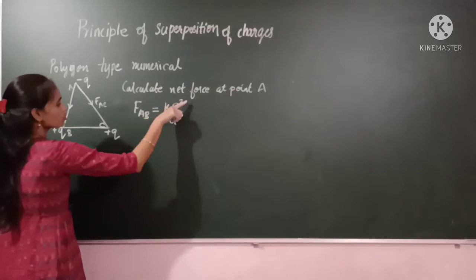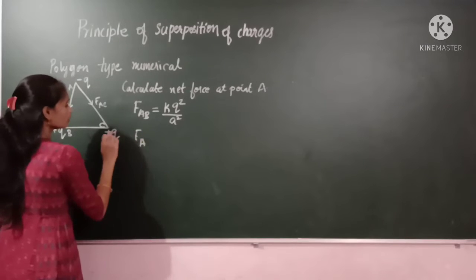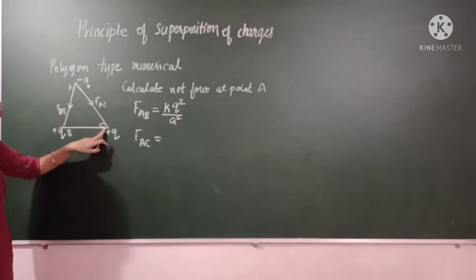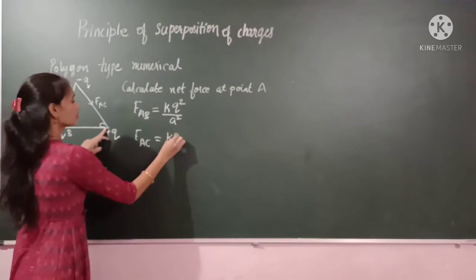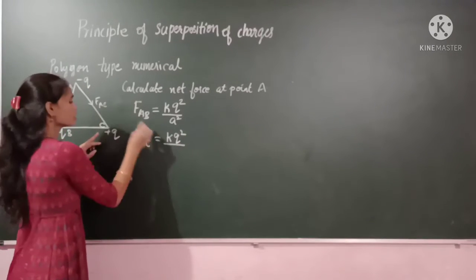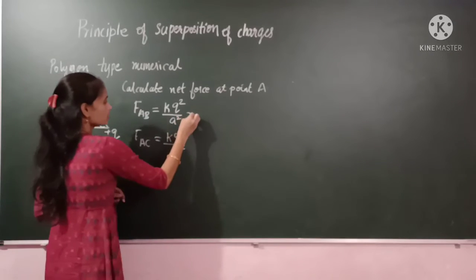So K Q square divided by a square. Next, the force on A because of the C charge can be calculated as K, charges Q and Q, Q square divided by the distance a square. So again these two are the same.